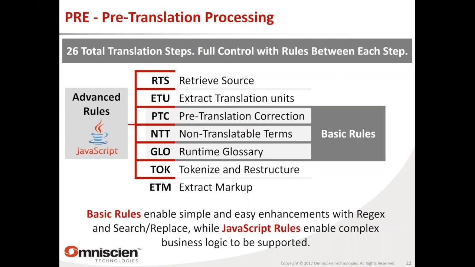Now, JavaScript can be a bit complex. So we also offer what's called basic rules. So pre-translation corrections. Non-translatable terms and runtime glossaries all fall into that category. A pre-translation correction is able to fix things that you already know are not good in your source content. For example, we had a customer a while back where their content management system was losing all XML content.